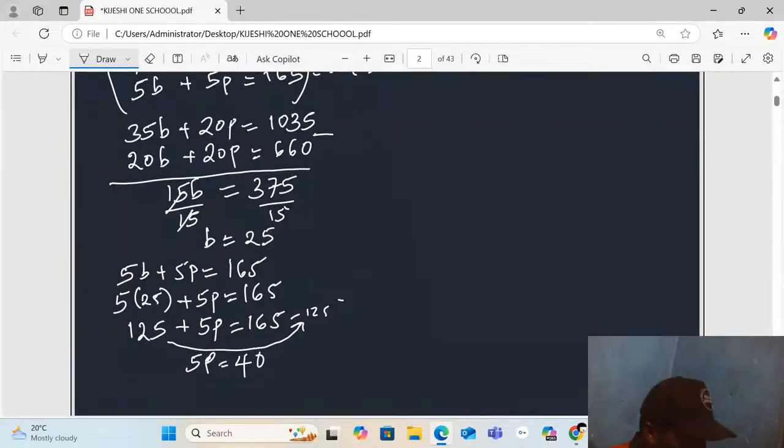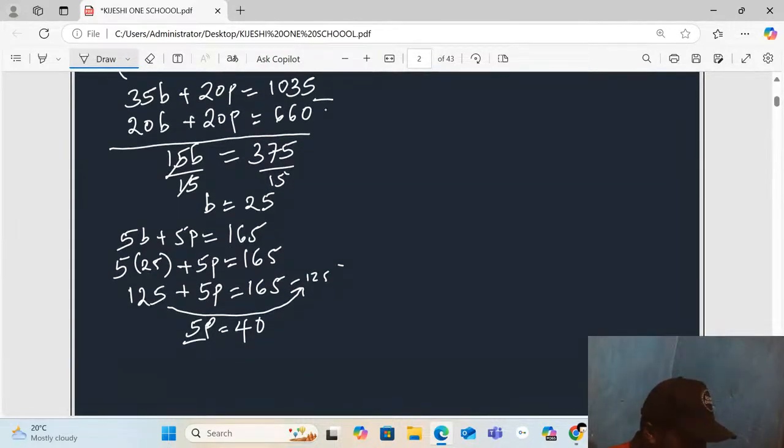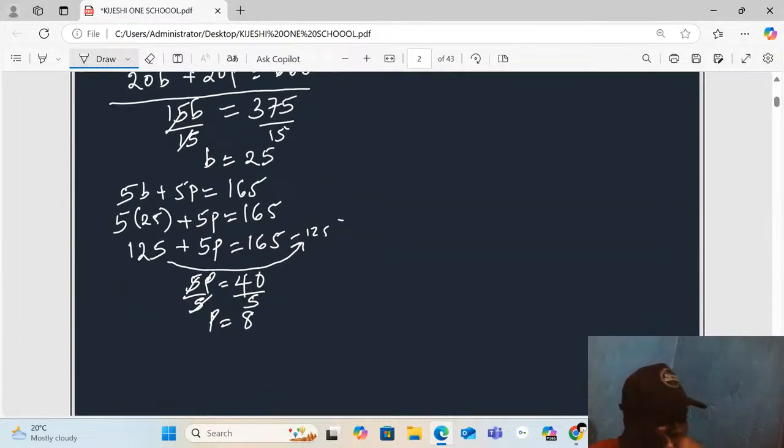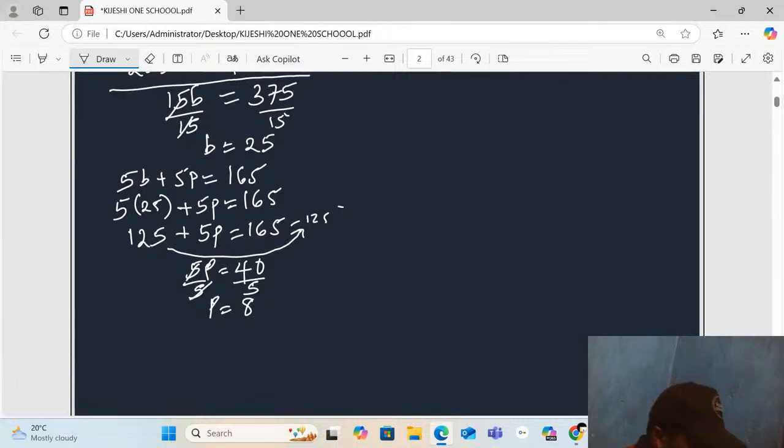Now, divide by 5, and P becomes what? 8. So that means each book costs 25, and each pen costs what? 8 shillings.